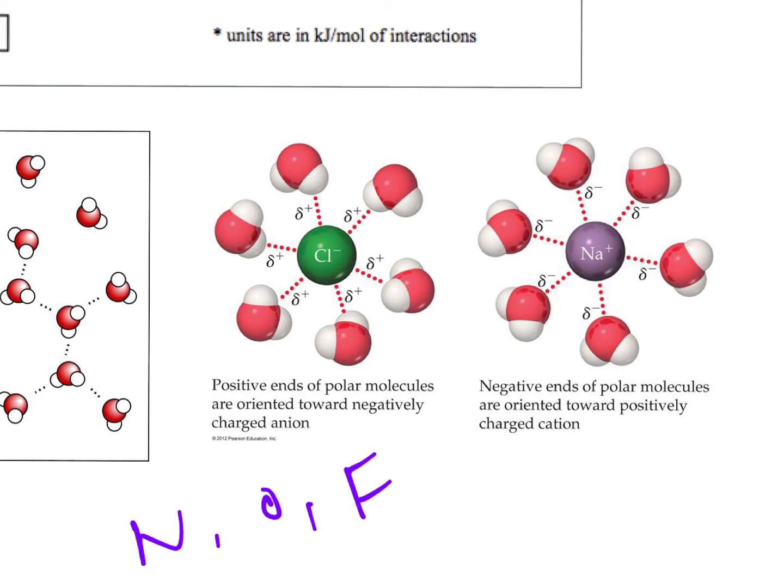So one thing you probably notice is that the hydrogen atoms are oriented in the direction of the anion, the chloride. And that's because those hydrogen atoms have a partial positive charge. And then with the sodium ion, our positive charge, our cation, the partial negative charge of the oxygen atom in water is oriented towards that sodium atom.